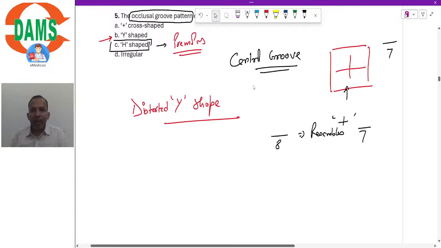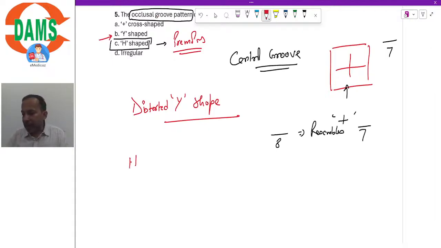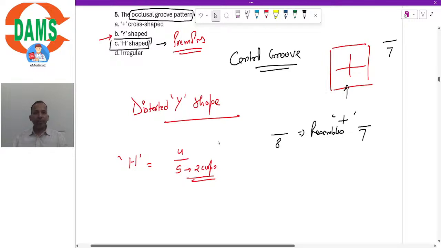A properly defined H-shaped groove would be seen on the upper first premolar and lower second premolar, which has 2 cusps, right? इन teeth के अंदर हमें clearly defined H-shaped central groove देखने को मिलता है, right?